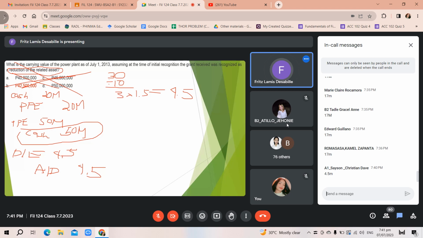Anyway, let us compute, sorry. For a while, sige, balik. Sige, correct. Other question, do we need to recognize deferred grant income in this case, guys? How about the i-recognize the deferred grant income, yes or no?